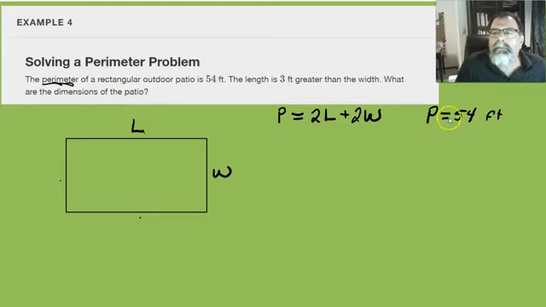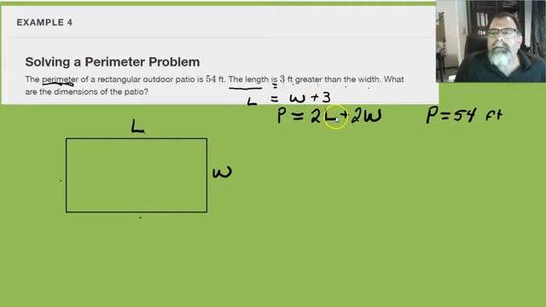So we're going to set this equal to 54, but we only want one variable. We don't want L and W. Right here, they're telling us the length is 3 feet greater than the width. So that's the width plus 3 more.